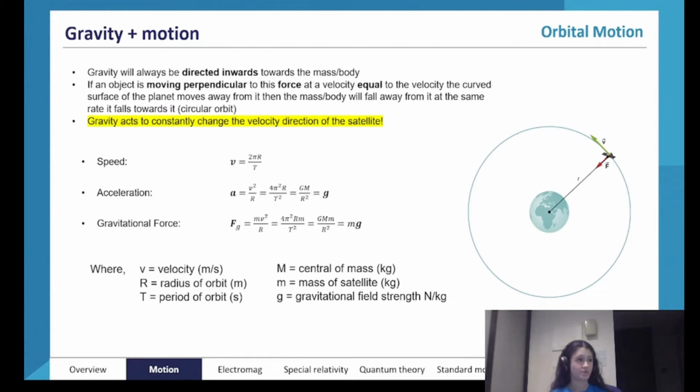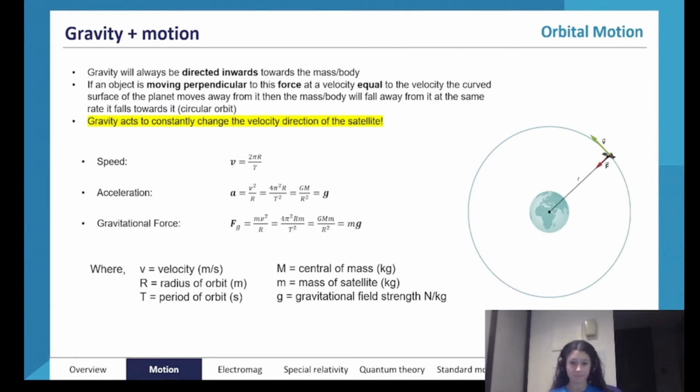If an object is moving perpendicular to this force at a velocity equal to the velocity the curved surface of the planet moves away from it, then the mass will fall away from it at the exact same rate as it falls towards it. So, what this tells us is that gravity acts constantly to change the velocity direction of the satellite.